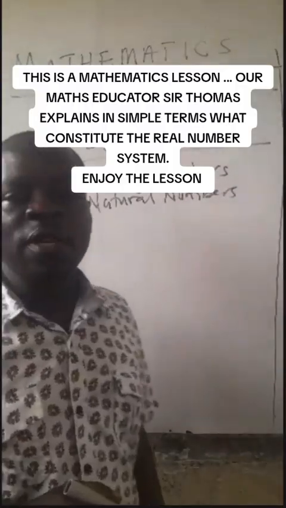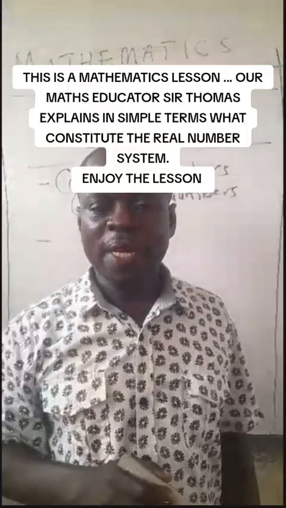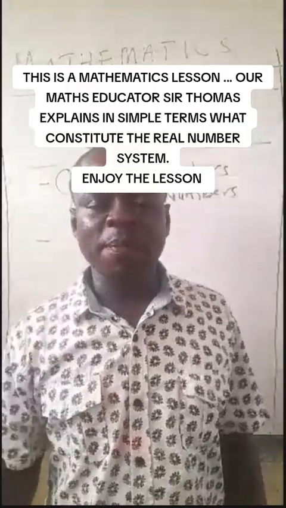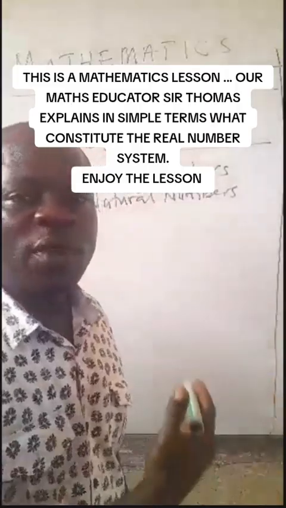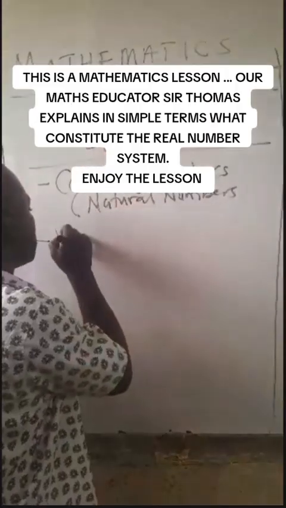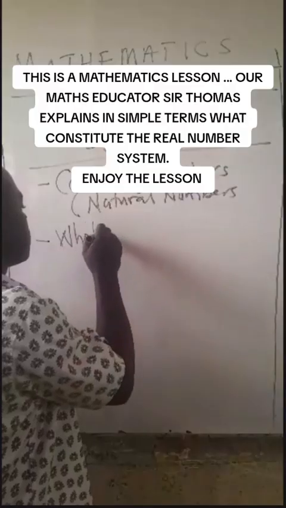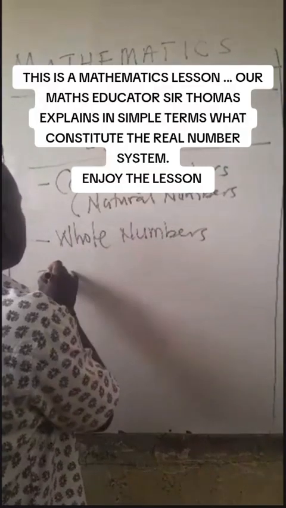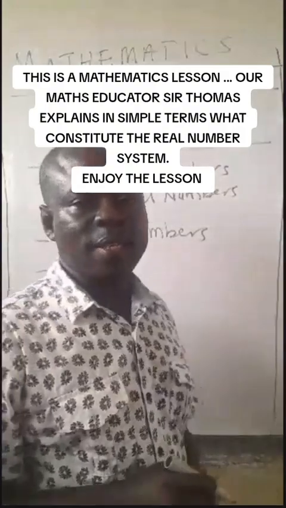Then we also have the whole numbers. As I promised you, we are going to take them one after the other and learn into them. So let's list them first. So we have the whole numbers following. Then we have integers.